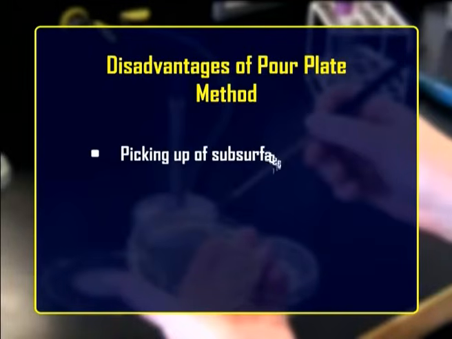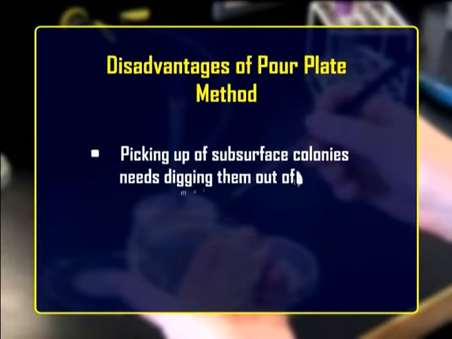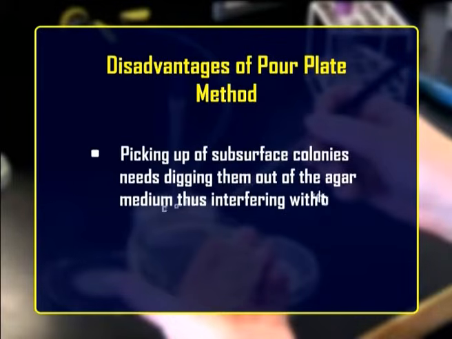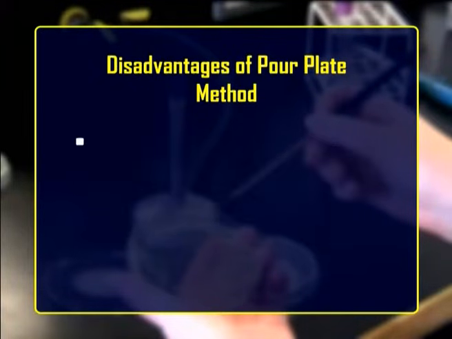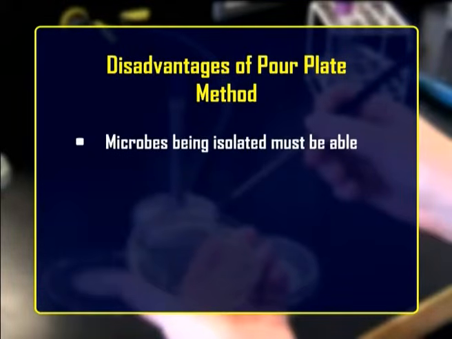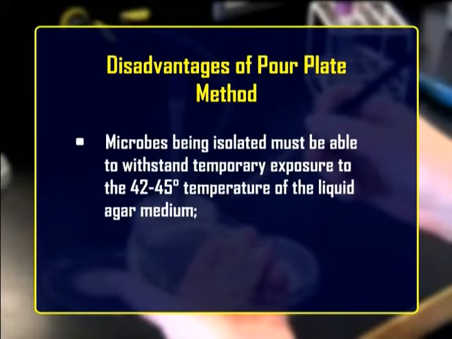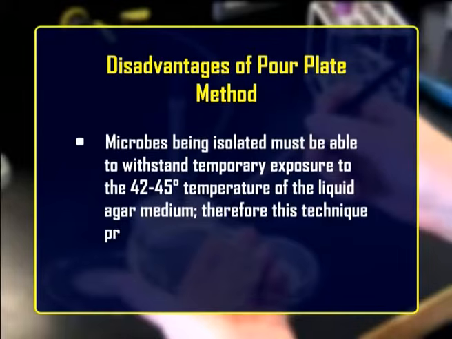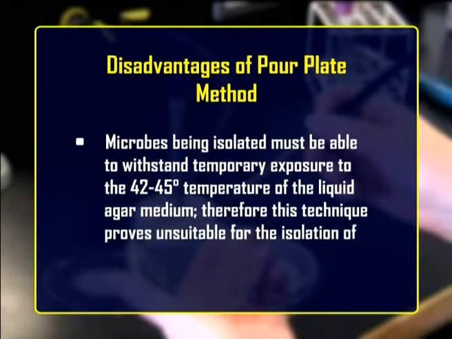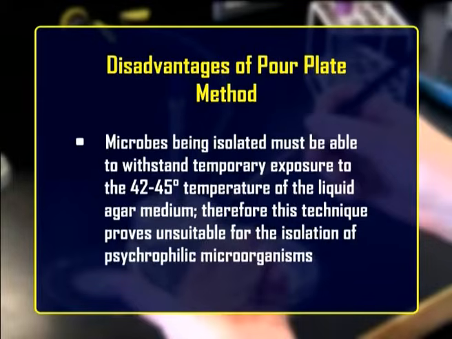First, the picking up of subsurface colonies needs digging them out of the agar medium, thus interfering with other colonies. And the microbes being isolated must be able to withstand temporary exposure to the 42 to 45 degree temperature of the liquid agar medium. Therefore, this technique proves unsuitable for the isolation of psychrophilic microorganisms.